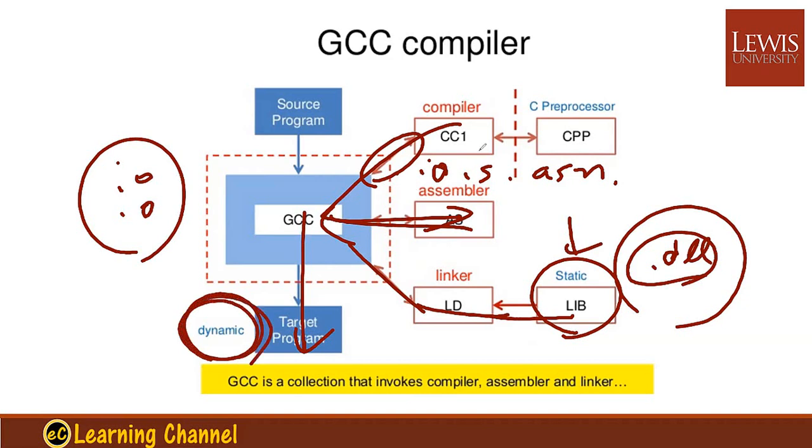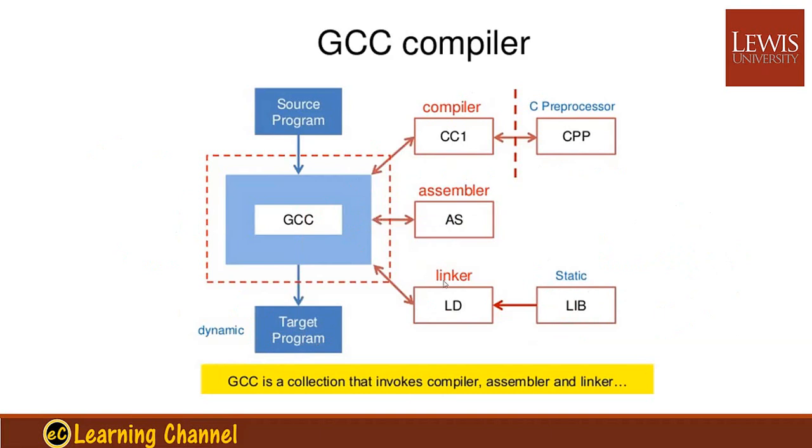Static linking means that before you run the program, you prepare the library, and the program will be linked together. Dynamic linking means that when you run it, you will call a DLL and actually find the executable. Is that okay? So static linking means what?